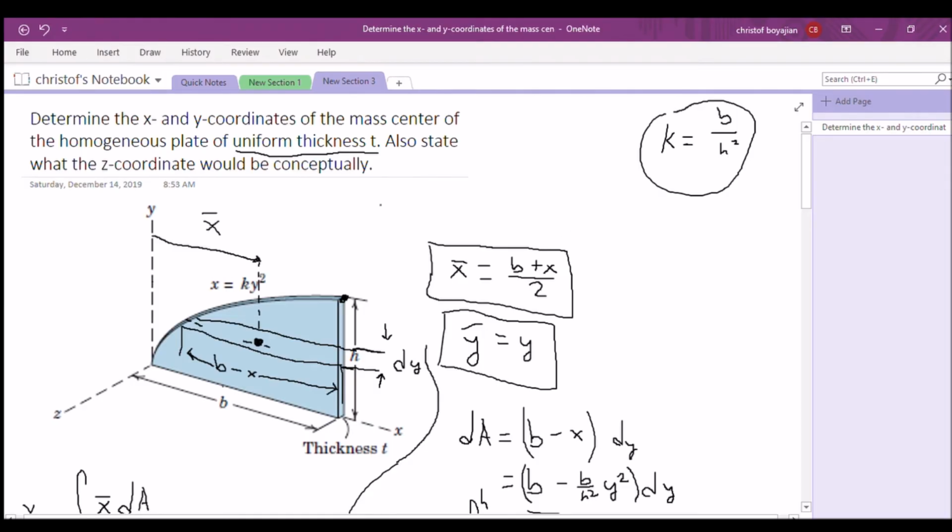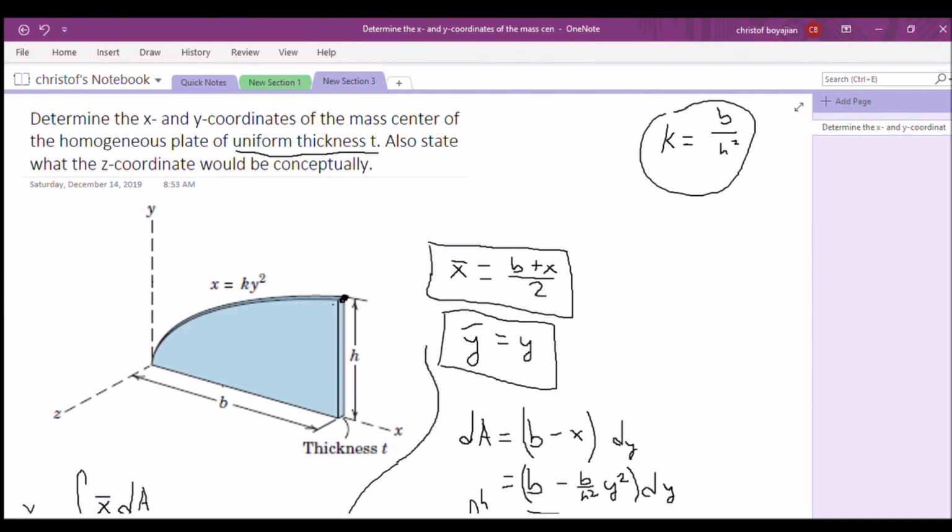So just to get an idea, I'm going to erase what we've done here just to see something. So the z-coordinate, what would that be? Well, you can just look at the z-axis, look at that axis normal. What I mean by that is just look at the axis like this.